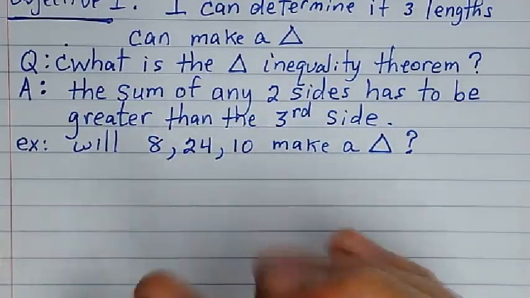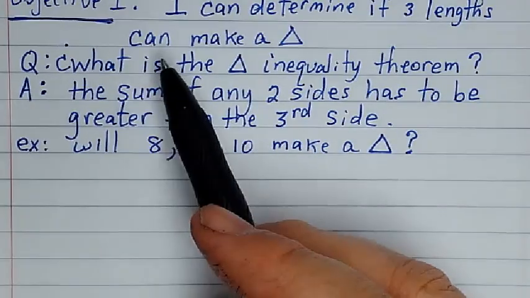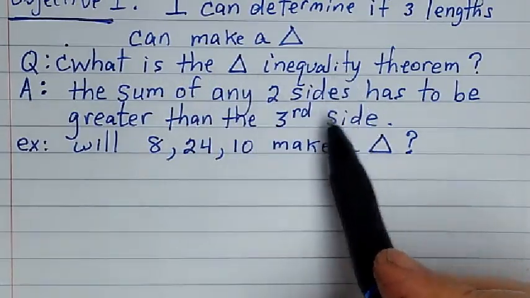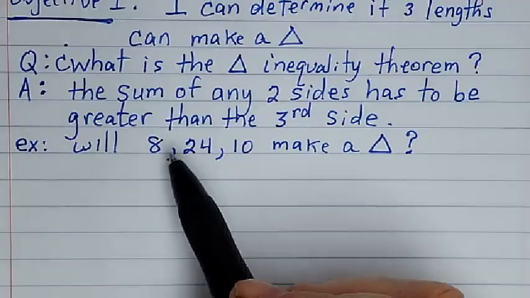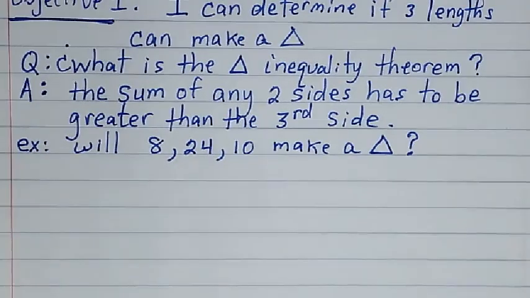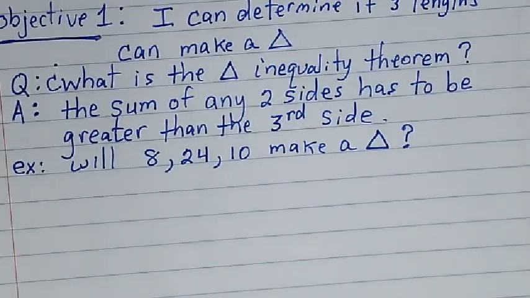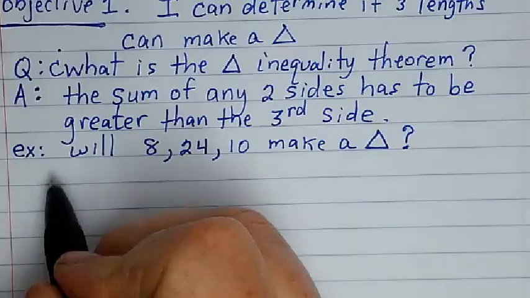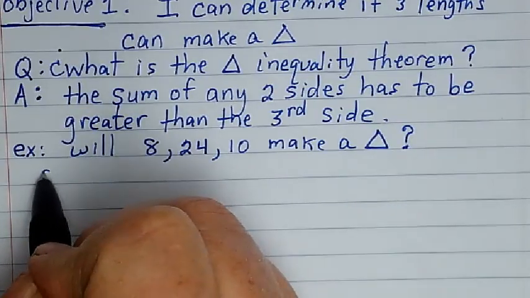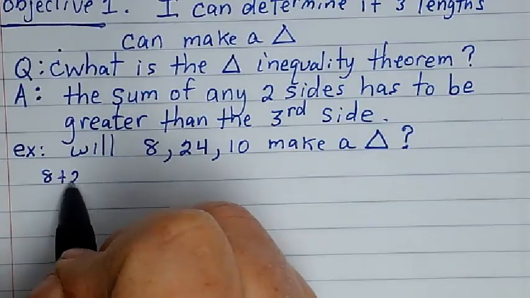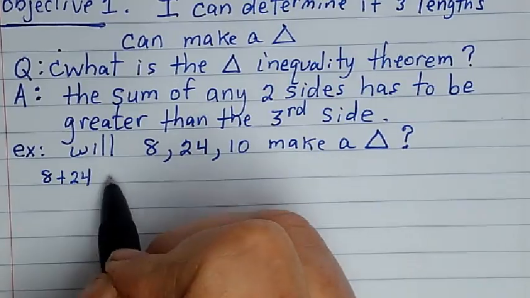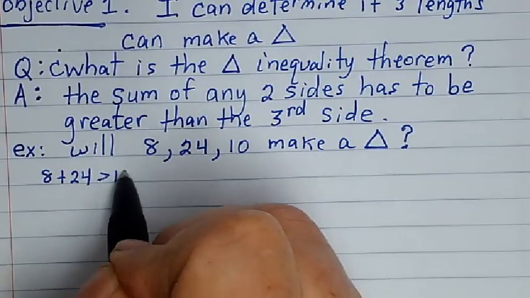So here's the test. The inequality theorem says that the sum of any 2 sides has to be greater than the third side. So what you do is you just test it and see. For example, if I took the first 2 sides, 8 plus 24, the sum of those 2 sides has to be greater than the third side, 10.